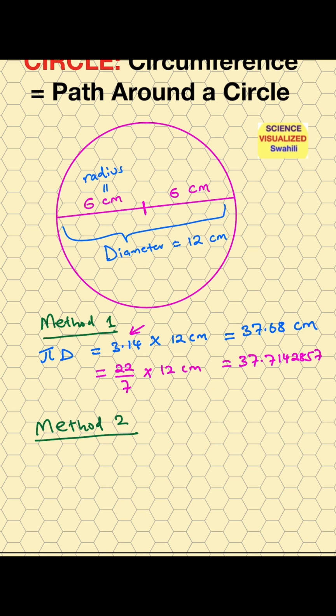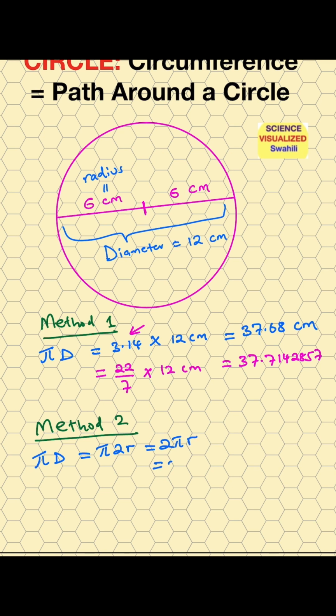Now method 2, we're going to use the radius instead of the diameter, and remember the radius is half the distance of the diameter, so that means you need twice the radius. So it's going to be pi d, but now we replace d with 2r, which is twice the radius. So pi times 2 radius, which is actually 2 pi r.